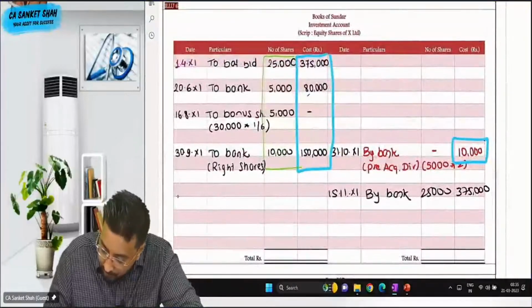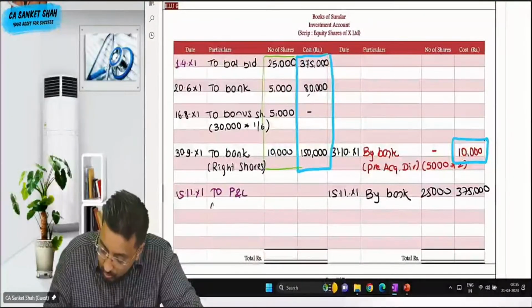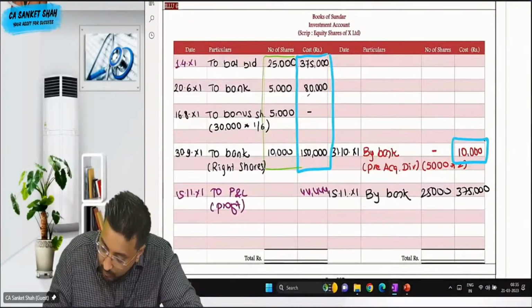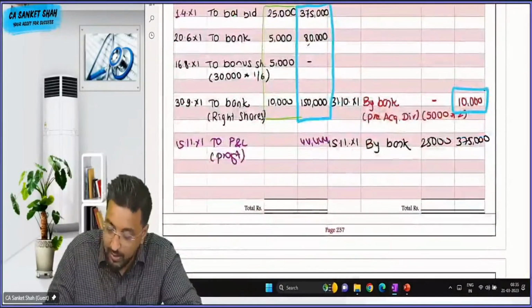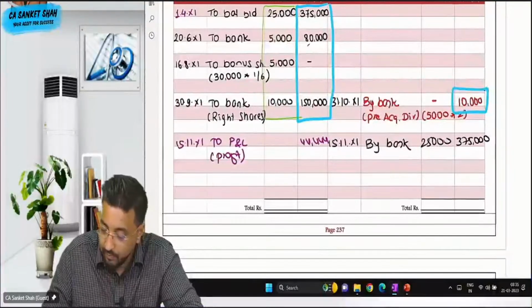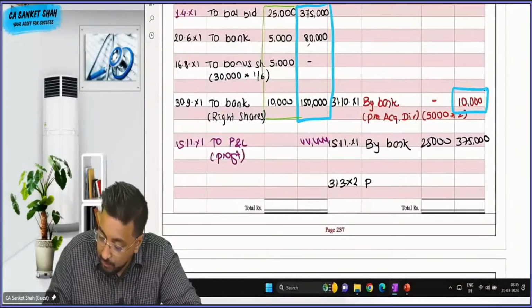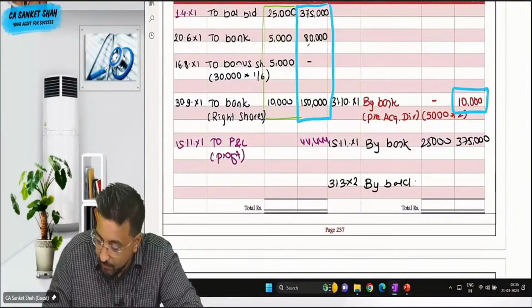So to P&L, profit, and then beta, 31st March 2002, by balance carried down.